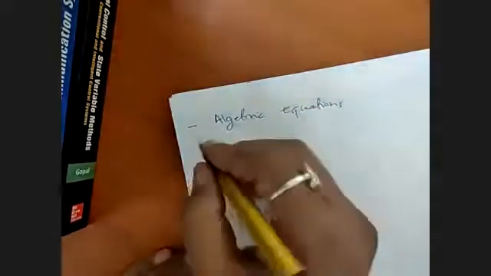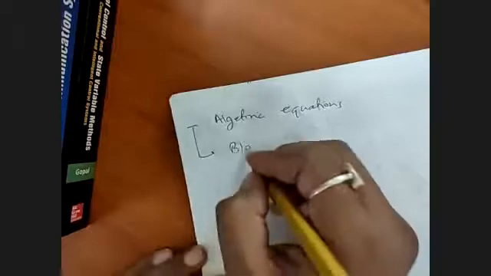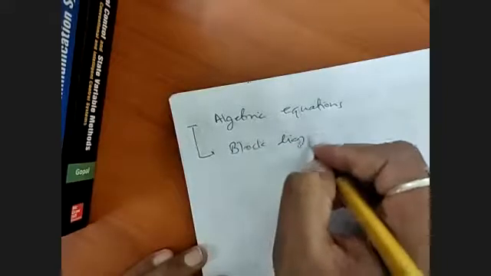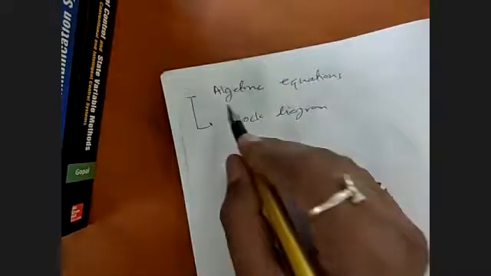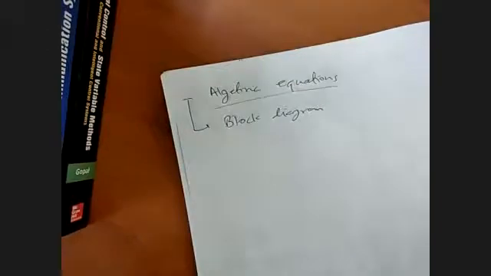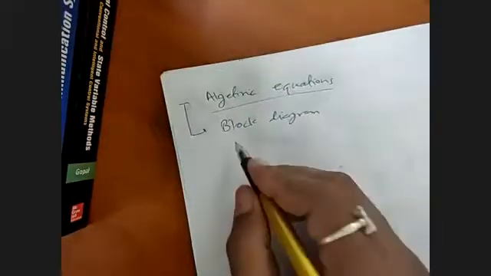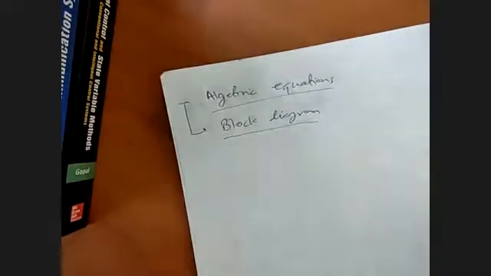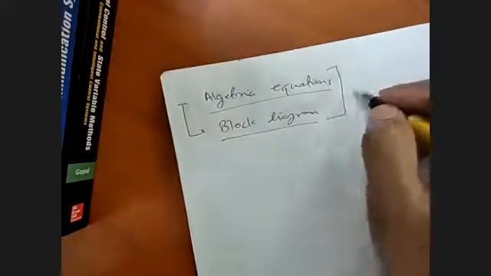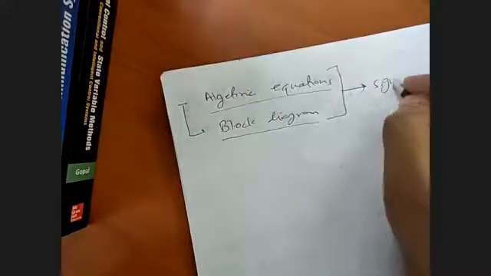And second is we have a block diagram. So we have to convert this algebraic equation into a signal flow graph, and we have to convert this block diagram into a signal flow graph. And finally, we have to find out the signal flow graph for this.